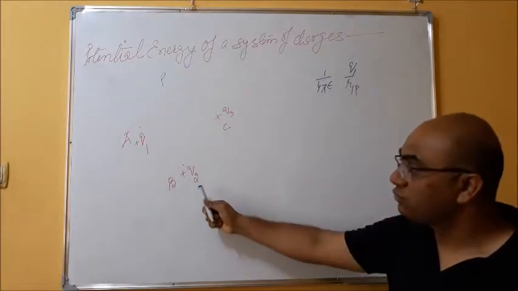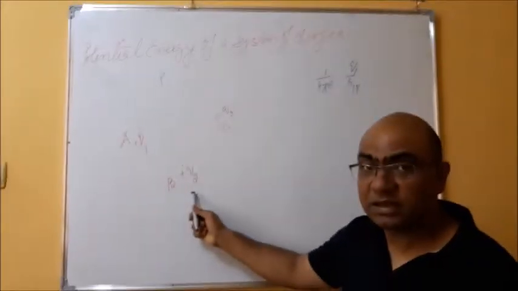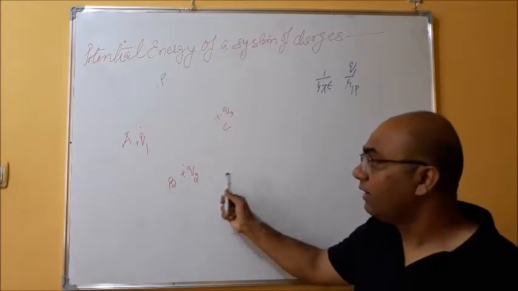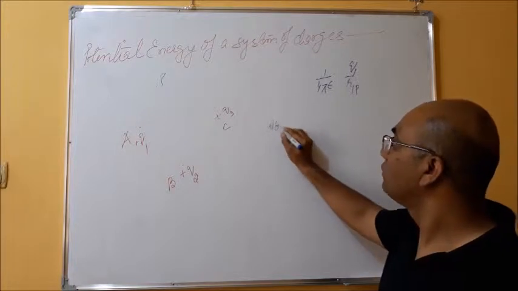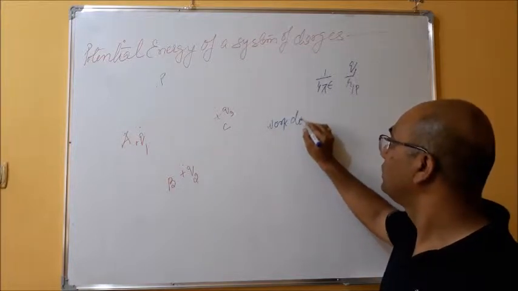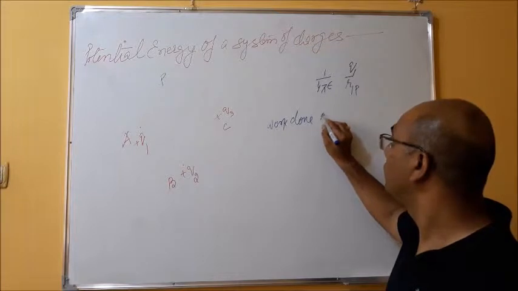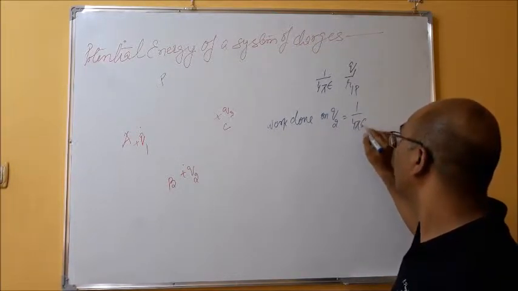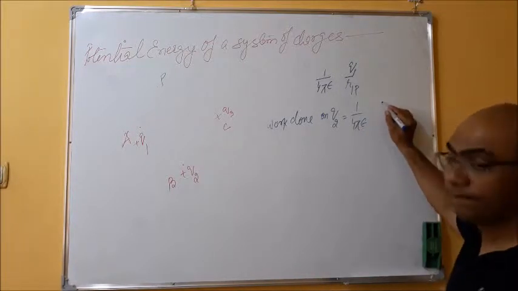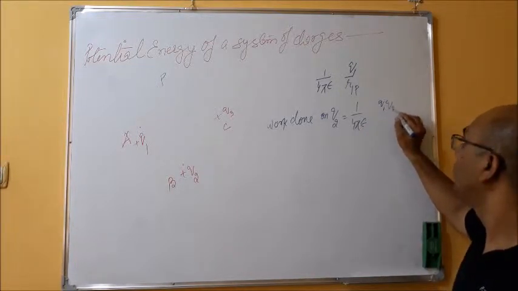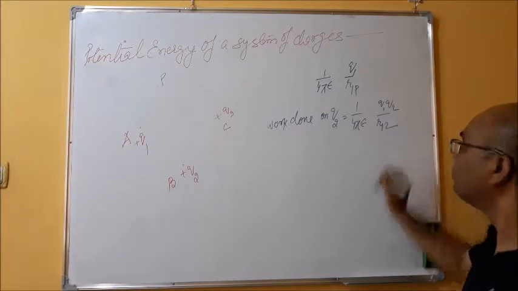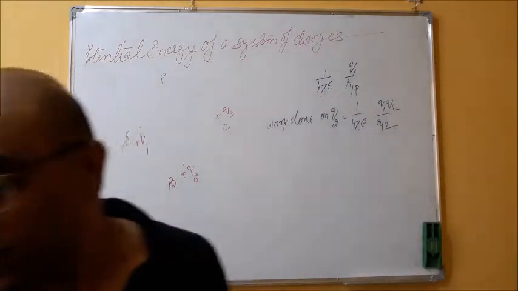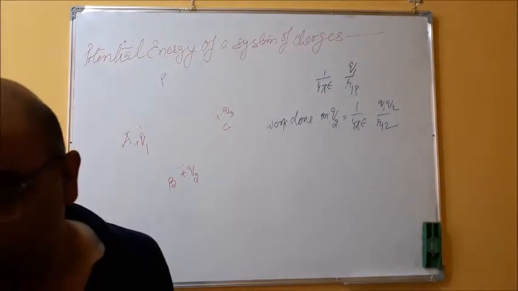So in placing this Q2, we have to do some work. And what will be the work done? Work done for Q2 will be 1 upon 4 pi epsilon, Q1 Q2 upon R12, right?